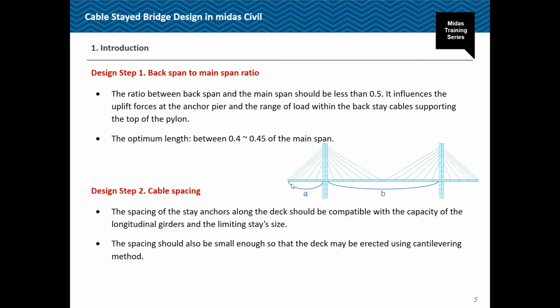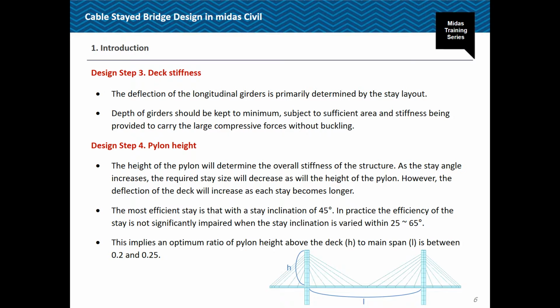So we can't really think to apply just a couple of stays because the load in them could be much higher than what can be withstood by the biggest available stay that can be manufactured. And also the spacing should be small enough to allow the deck to be erected using the cantilevering method. That's another parameter that influences the design.